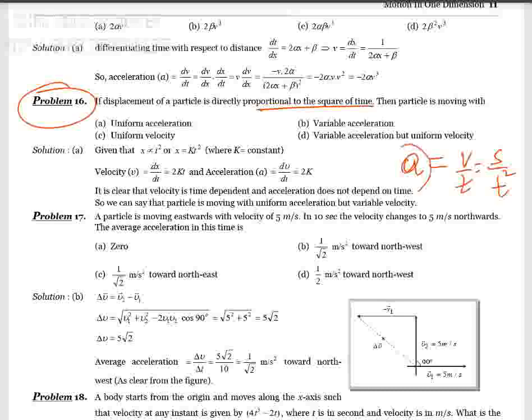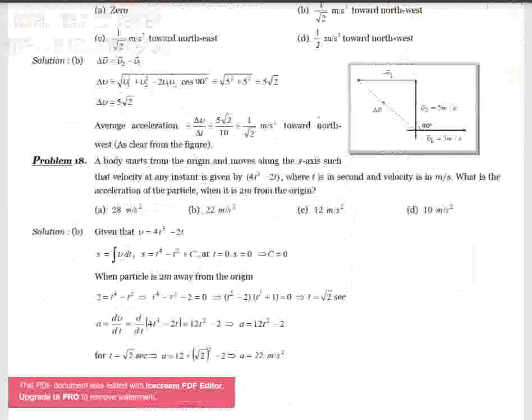Therefore, if the displacement is directly proportional to the square of the time, the value of acceleration is unchanged or constant. At this time, we have uniform or constant acceleration. Do the rest by yourself.